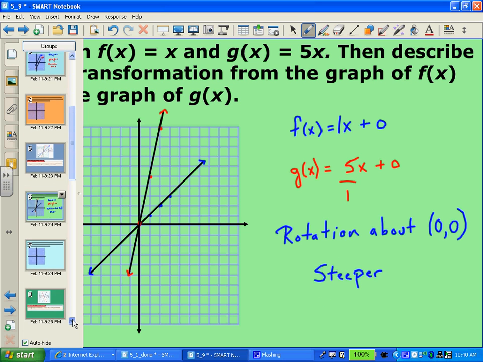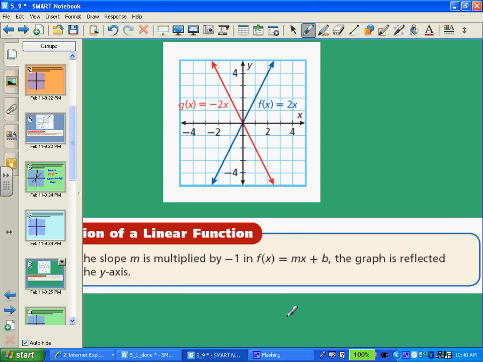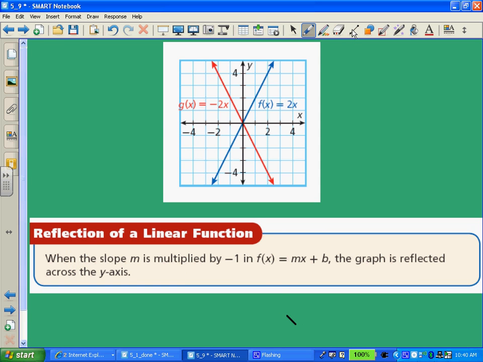So that's rotations. And then the last one we're going to talk about today is what we call a reflection. A reflection occurs when your slope, hopefully you'll be able to see this here. Here's my parent function, f of x equals 2x.